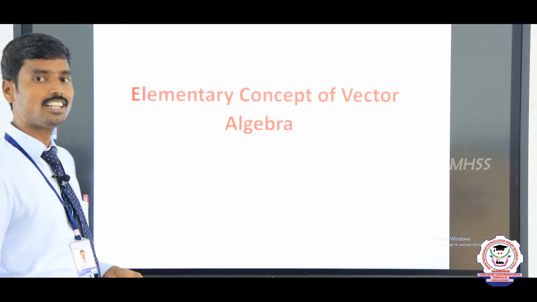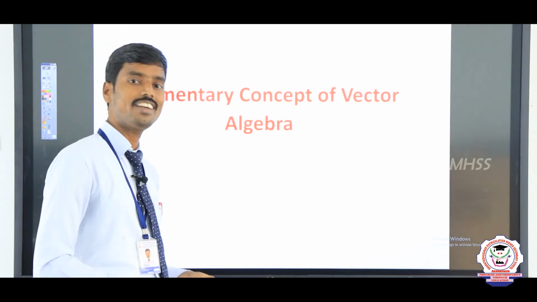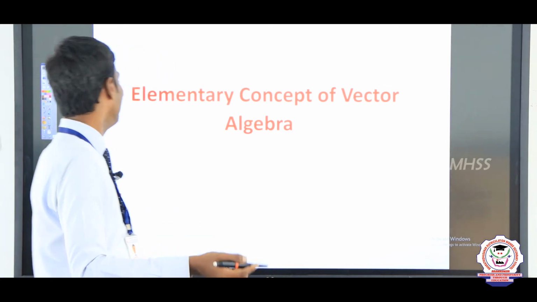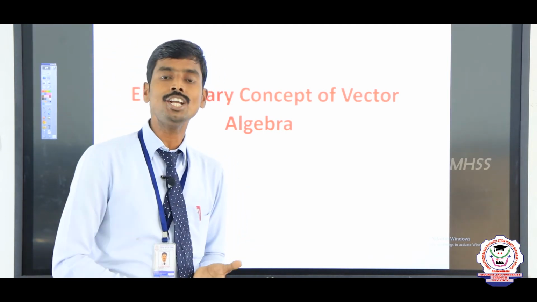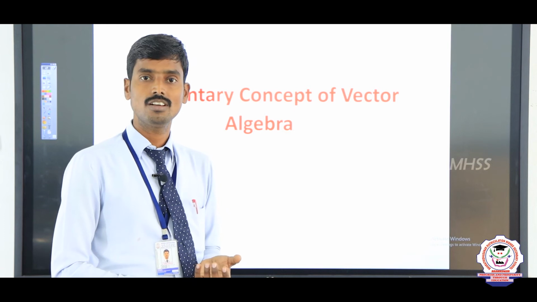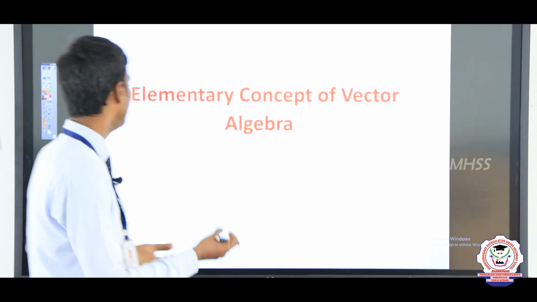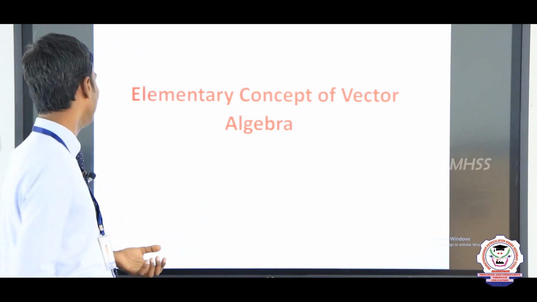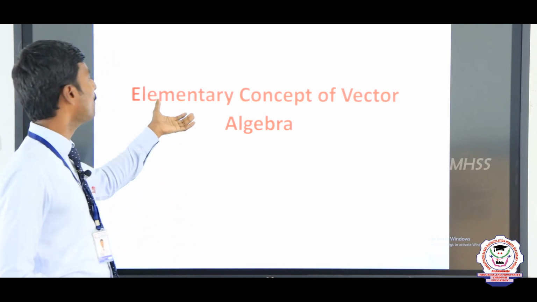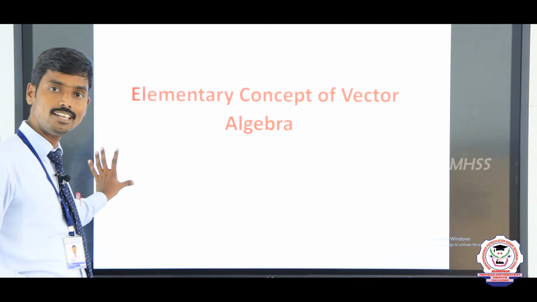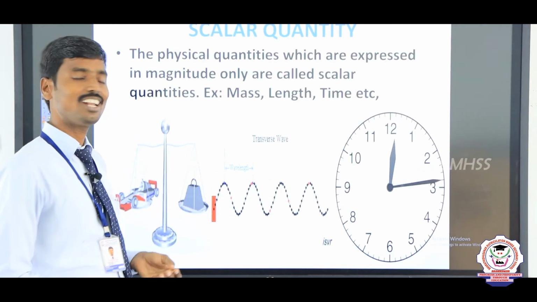The next one is the elementary concept of vector algebra. In our physics concept, some quantities possess magnitude as well as direction. To explain magnitude and direction and to understand physical quantities, it is very important to know the properties of vector and scalar quantities.